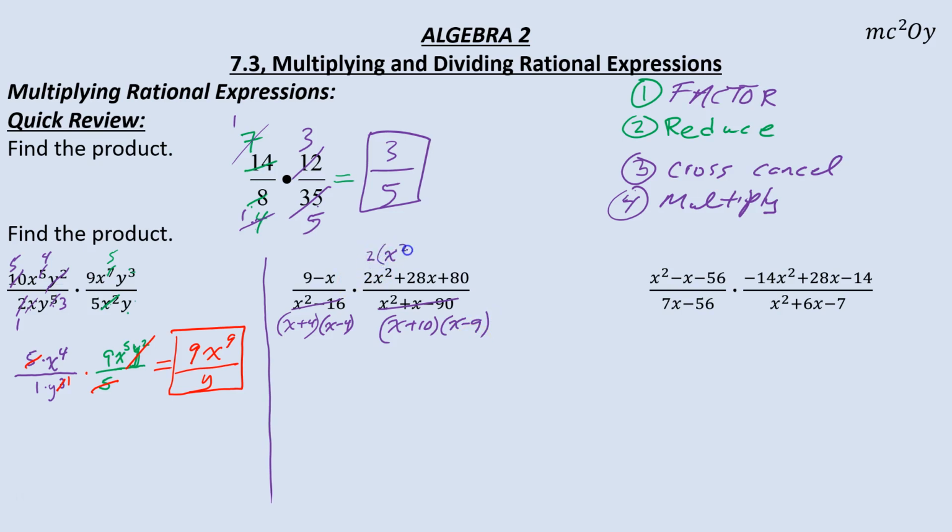I then have x squared plus 14x plus 40. And then it looks like I could reduce that, right? That would become 2 times x plus 4, x plus 10.